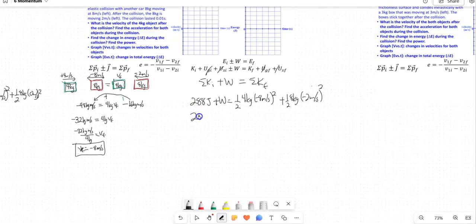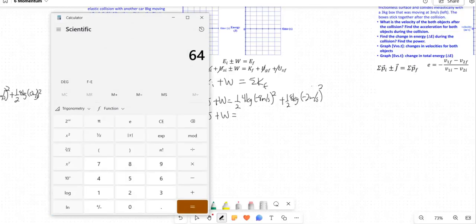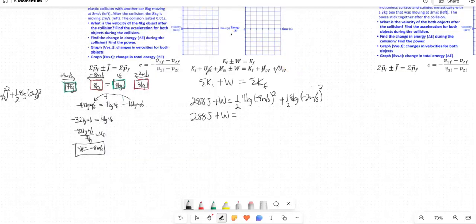So this is going to be 288 joules plus work. This is going to be 64 times 2, which is 128 joules. Plus, this is 4 divided by 2, which is 2, times 8, so this is going to be 16 joules.